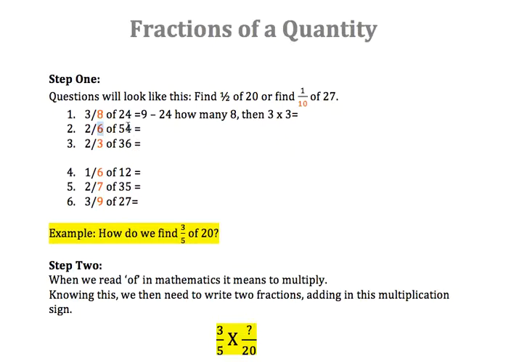It fits into 54 9 times. So then I say 9 times 2, 18. I'll show you again. How many times does my denominator fit into my quantity number? So 3 fits into 36 12 times. That 12 times my numerator equals 24.